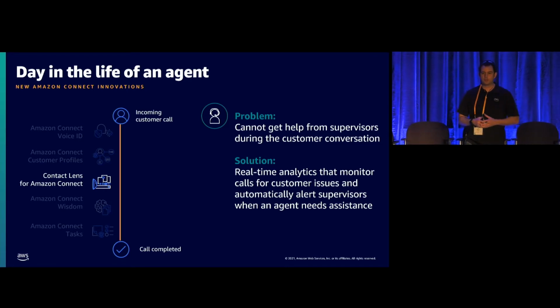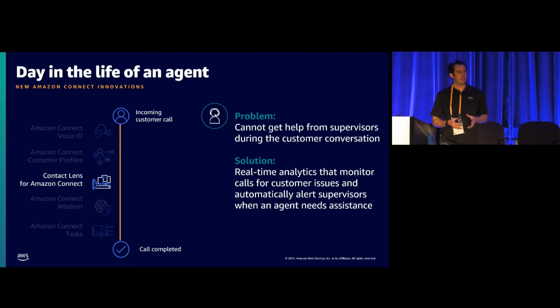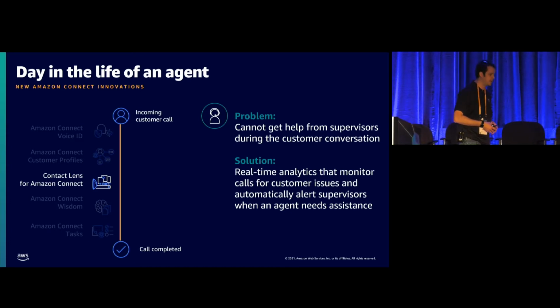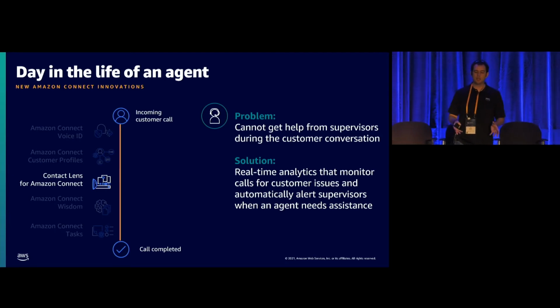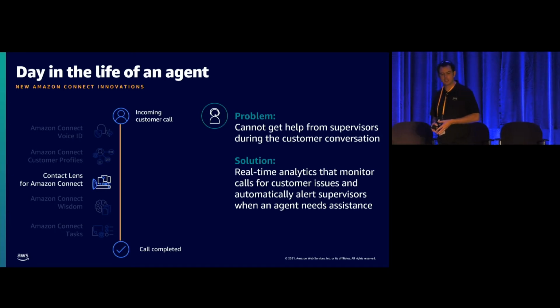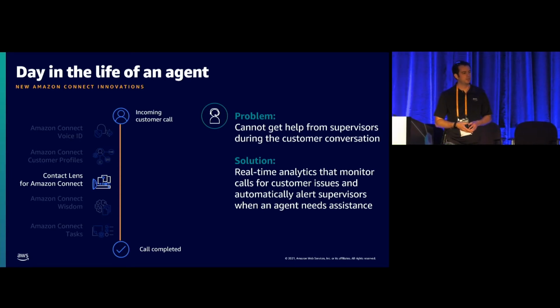And that was great for all of their calls once the call's completed. But customers asked us to have that information while the call was in progress so they could provide proactive help to their agents. With real-time Contact Lens for Amazon Connect, supervisors can now get alerted to potential issues.